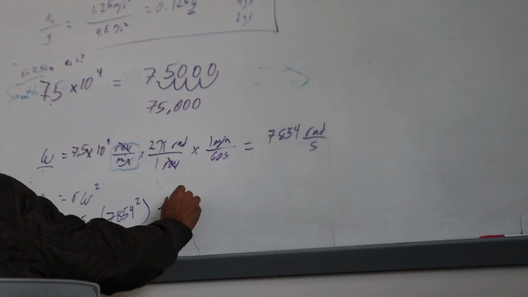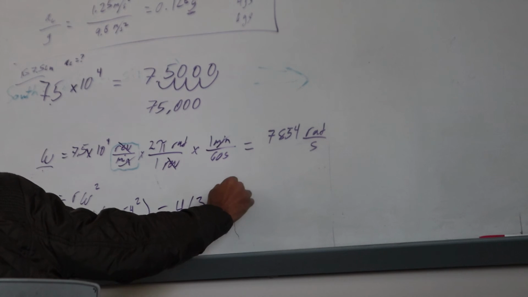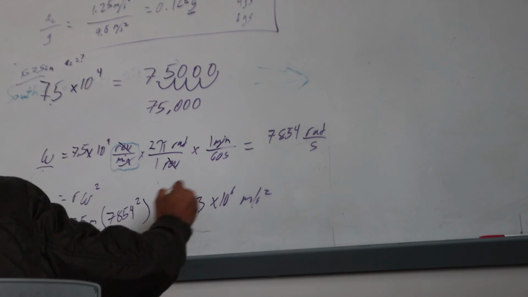Apparently that gives us 4.63 times 10 to the 6 meters per second squared.